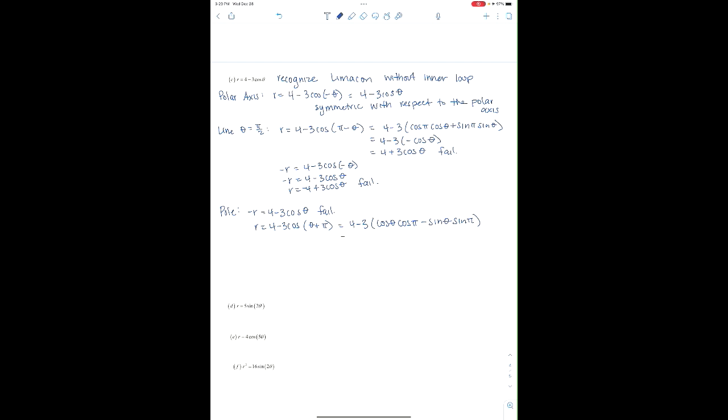This will reduce to 4 minus 3 times negative cosine theta. So 4 plus 3 cosine theta, still a fail. Okay, so not symmetric with respect to the pole.